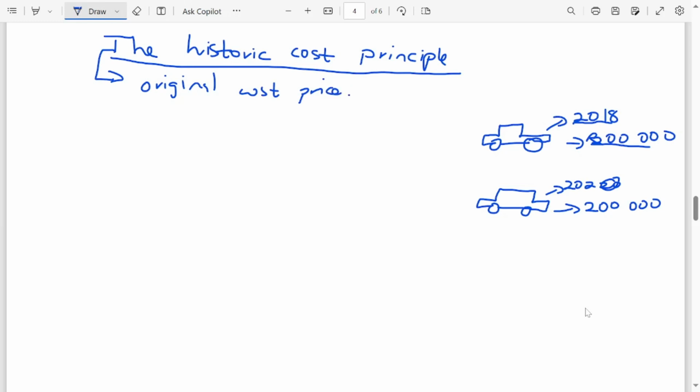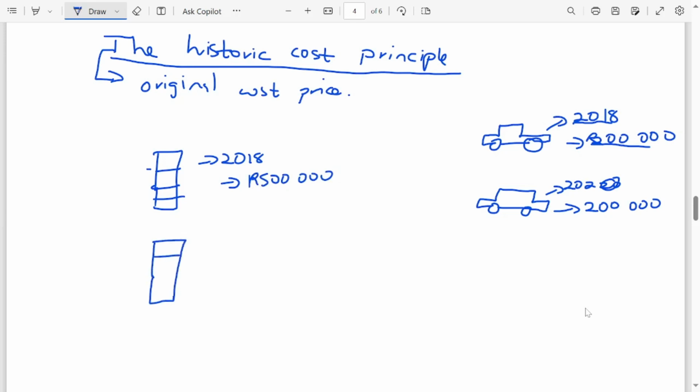Same thing with a building. Let's say we bought a building in the year 2018 for 500,000. We know that the building or the property, its value increases, unlike the vehicle, whose value decreases.